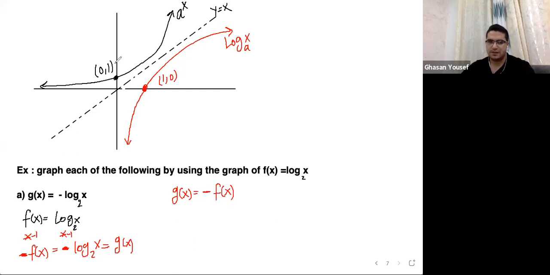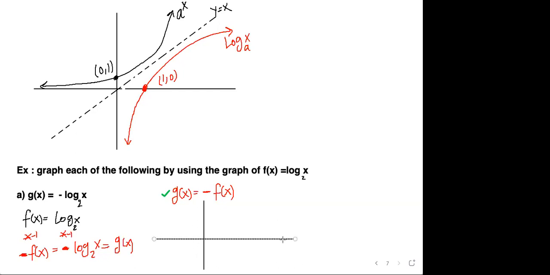This tells me if I want to graph the function g of x, I have to graph the function f of x, then reflect it around which axis? I have to reflect it because I have the minus outside the function f of x. Which axis do I have to reflect this function around? The x-axis.